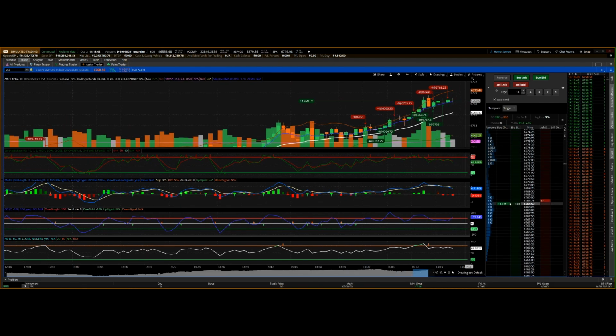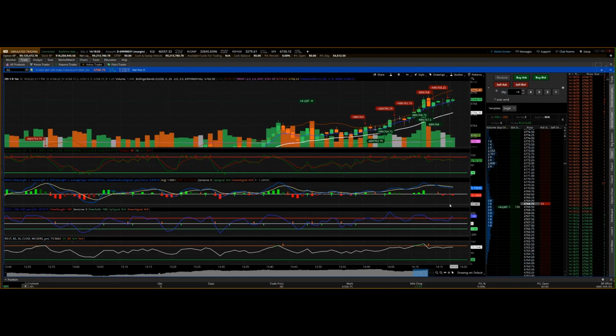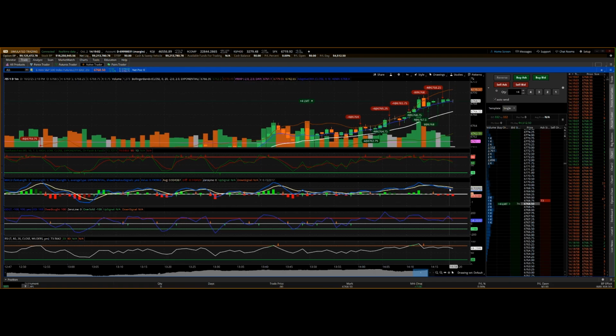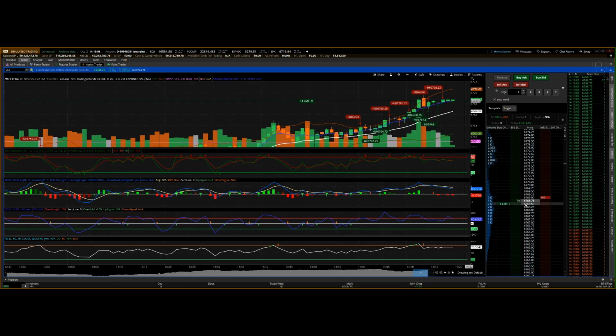Let's see. I'm trying to enter here at 68.50. Am I gonna get filled or not? This is painting red histogram, but the lines are still above zero. It's tricky. I don't know.